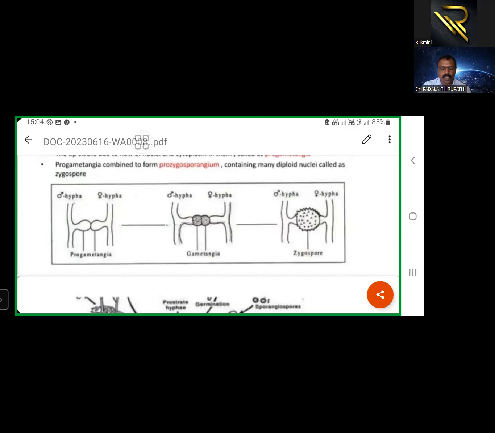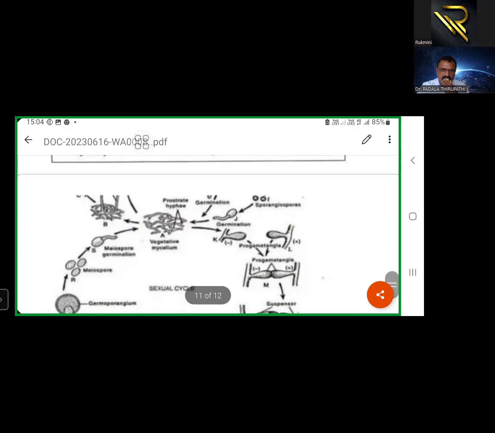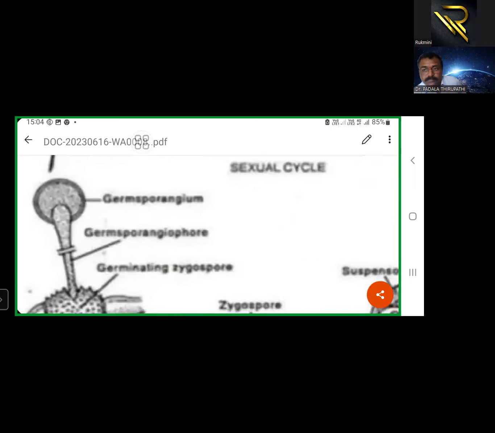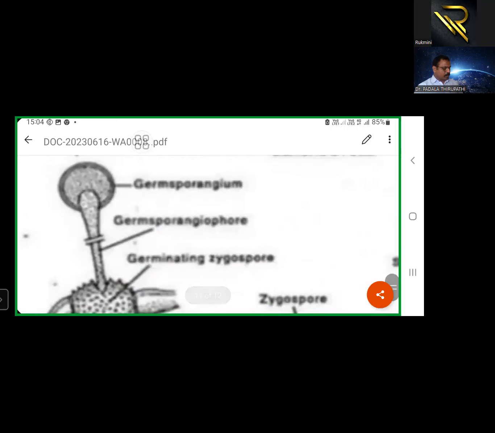So this zygospore will be growing vertically. Here in this image you can see this zygospore growing vertically and developing into a filamentous structure.